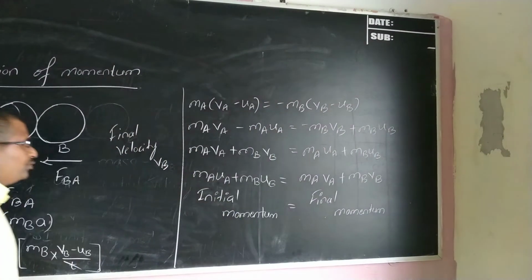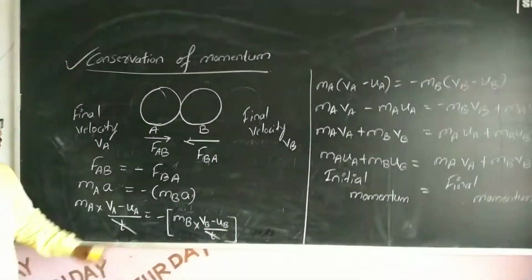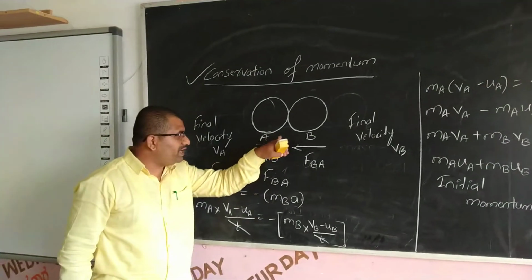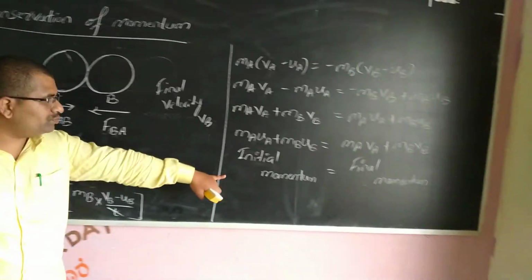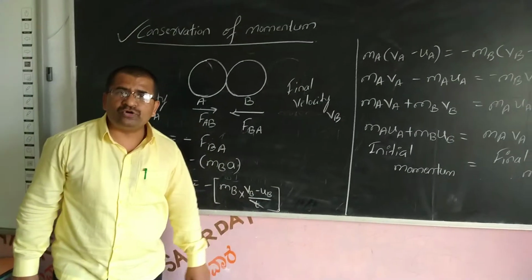From this the law of conservation of momentum is proved. The initial momentum of the two balls A and B before collision is equal to the final momentum after collision.